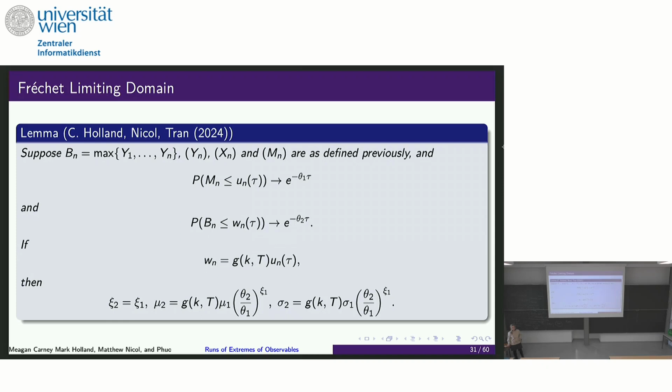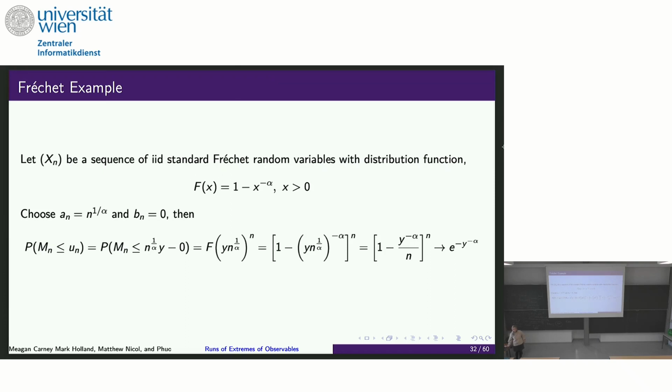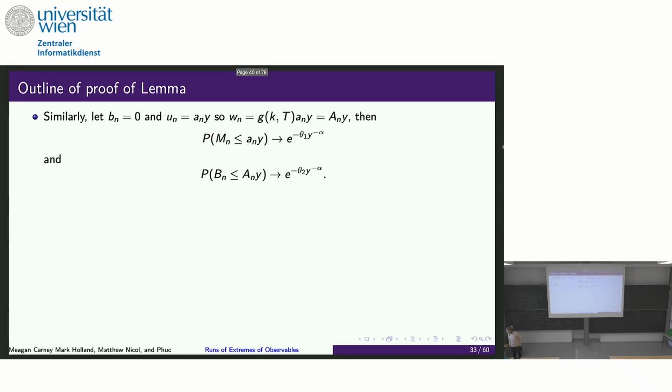This is a lemma that tells us max stability. But it will change that. I mean, our choice of Y will change G. Okay, so we make the assumption that we have some limiting Fréchet distribution.